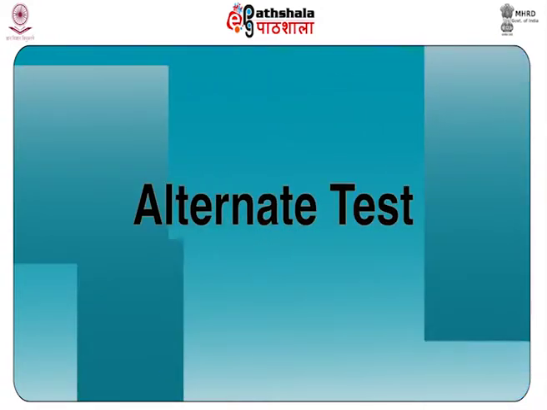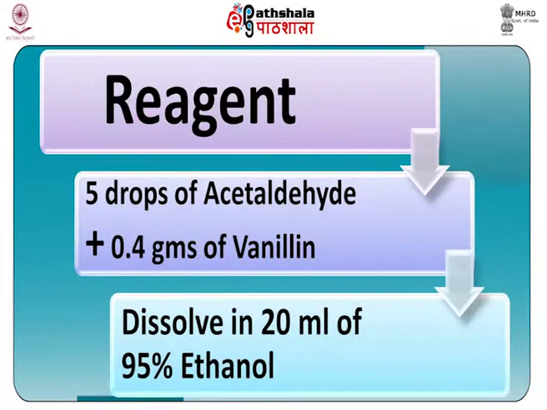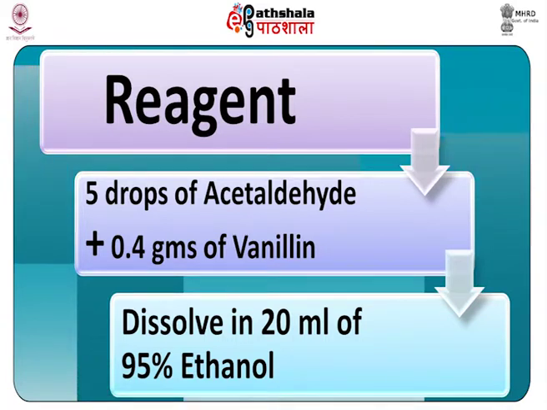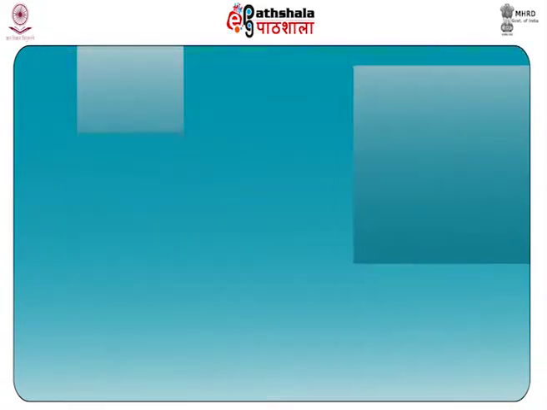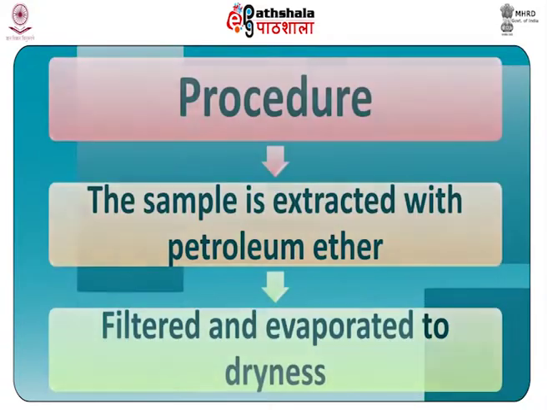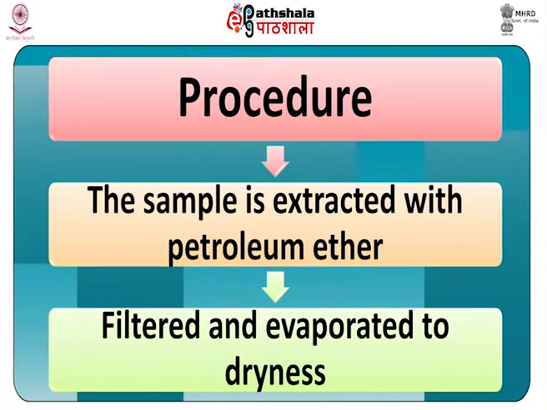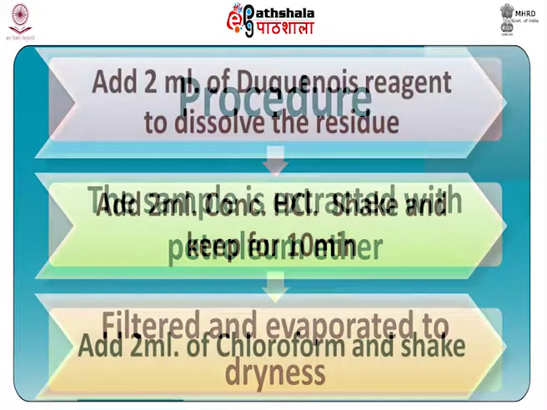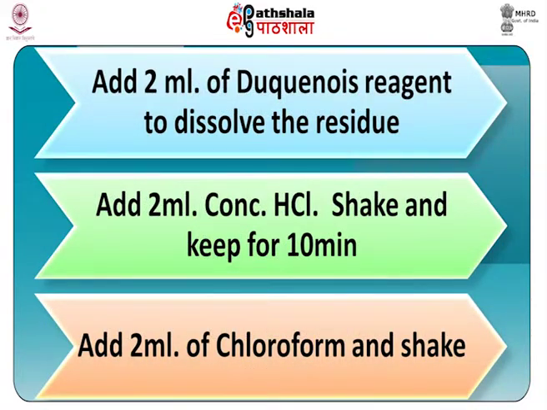Next is the alternate test. First is preparation of reagent. 5 drops of acetaldehyde and 0.4 grams of vanillin are dissolved in 20 ml of 95% ethanol. Procedure: the sample is extracted with petroleum ether, filtered and evaporated to dryness. Add 2 ml of Duquenois reagent to dissolve the residue.